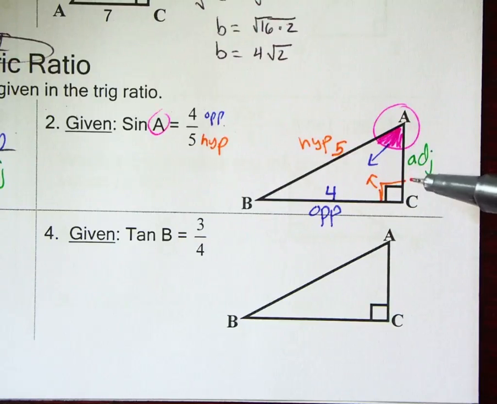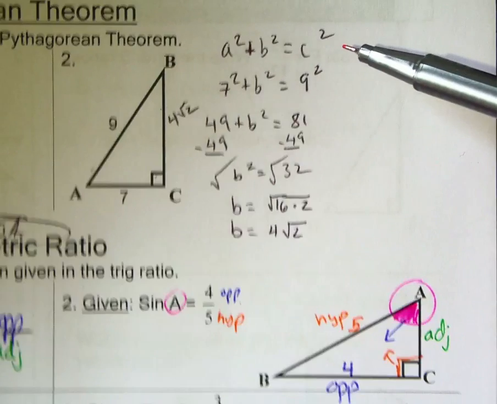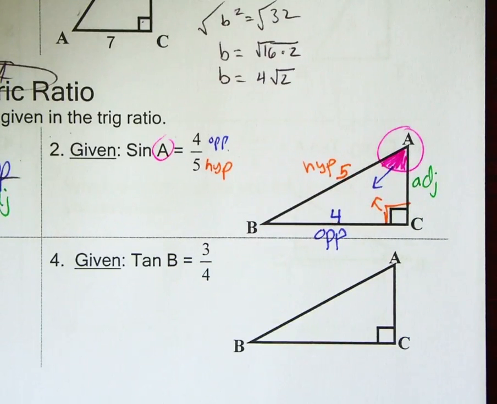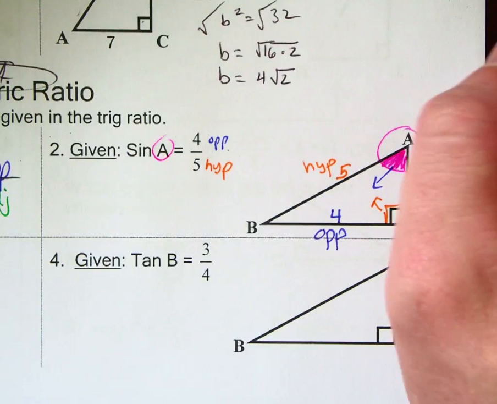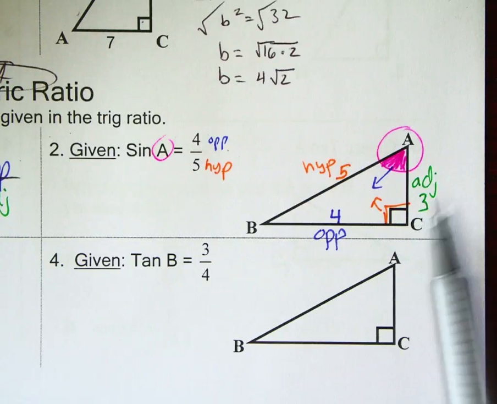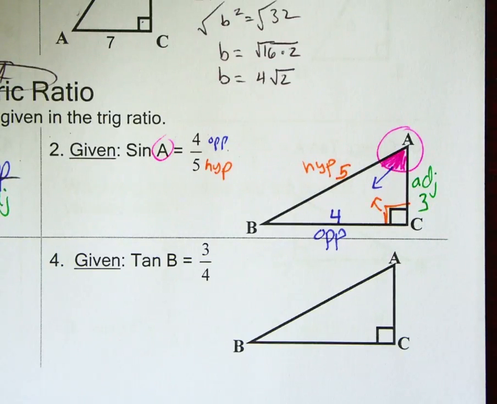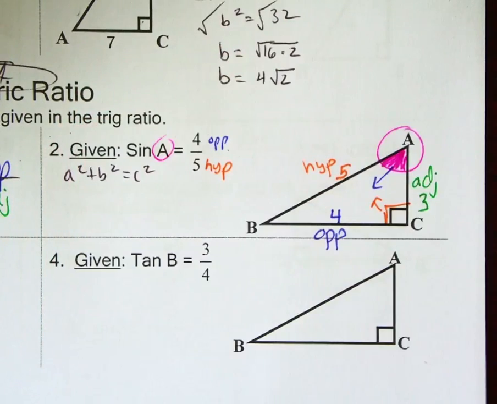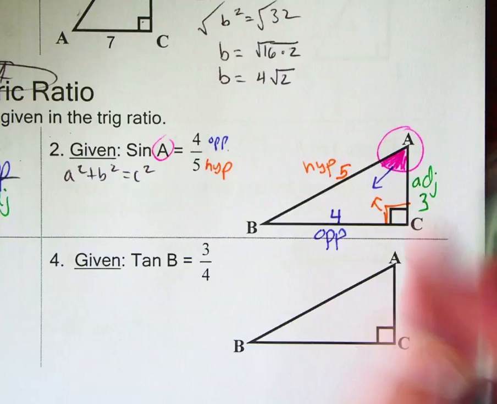So what's the missing side over here? How could we find it? That's right, the Pythagorean theorem. Or maybe you remember that this is going to be a 3, 4, 5 triangle. If you see that, that's great. If you don't, use the Pythagorean theorem to find the missing side of a right triangle. I'll just do this only once. Be careful, you had the 4 and the 5.